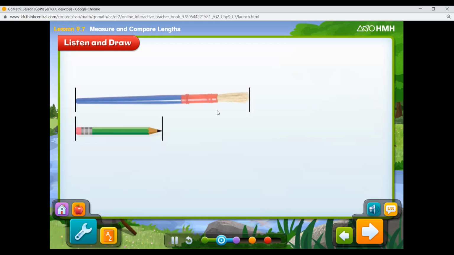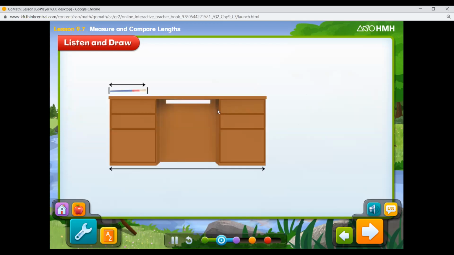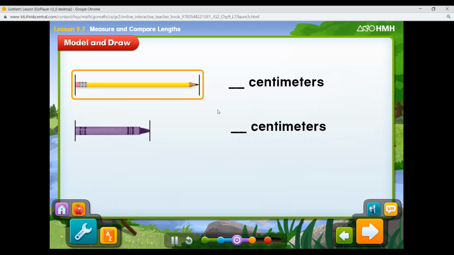Can you think of something in your classroom that is longer than the paintbrush? Your teacher's desk is longer than the paintbrush. When you place a paintbrush on your teacher's desk, the paintbrush is shorter than the desk. The pencil is longer than the crayon. How much longer? You can measure to find out.